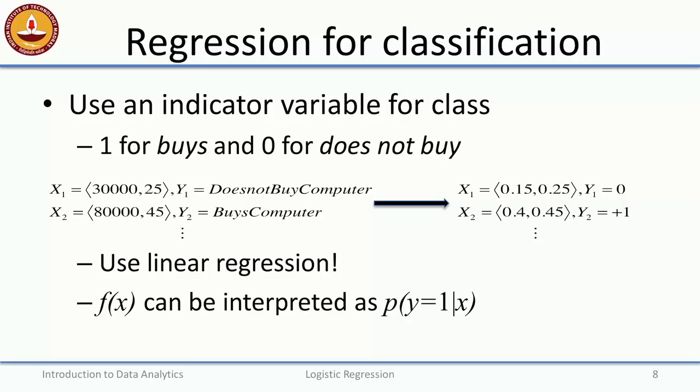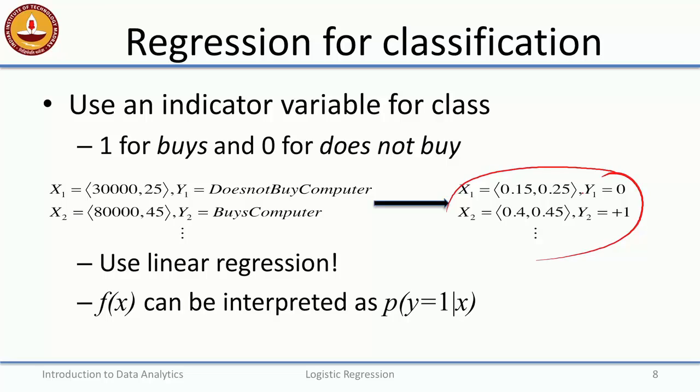Now, your data gets transformed into a regression problem instead of a classification problem, where you have zeros and ones as your response variables and the actual attributes of the data as the predictor variables for the regression problem. And you could use linear regression here. We all know about linear regression now.